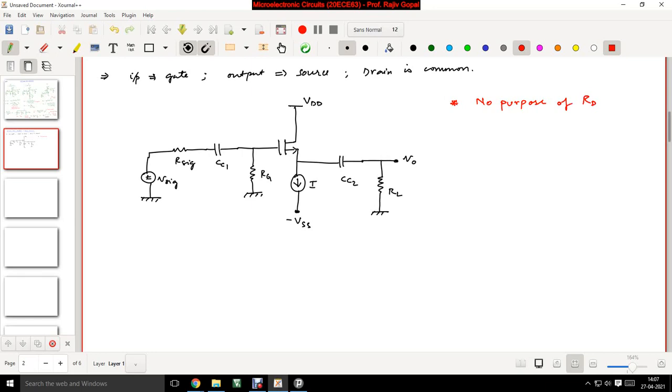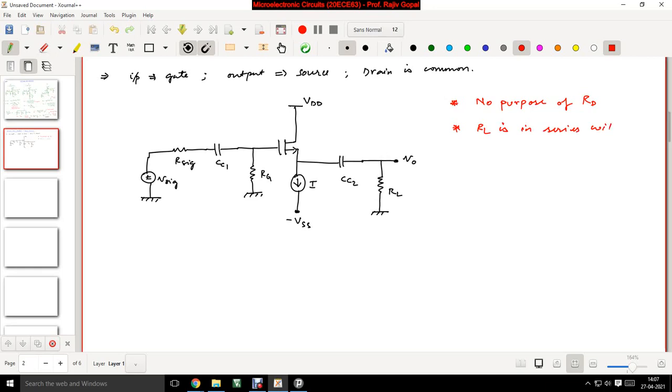The second thing you have to observe is, when I draw the AC equivalent of this, RL, the load resistance, is connected in series with the source, right? So I can use the T model here.